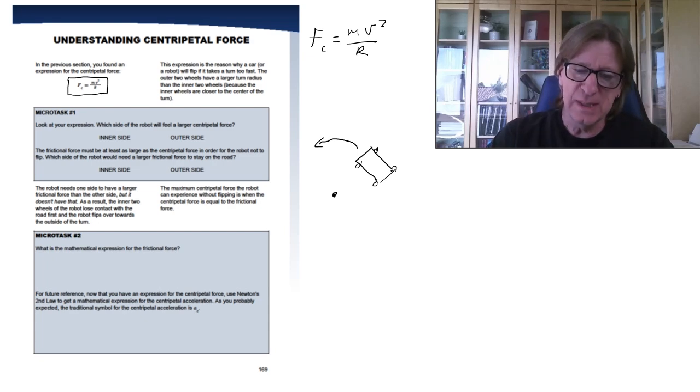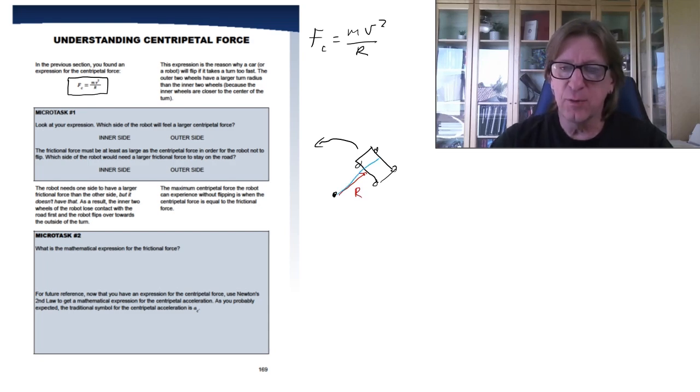Now, notice that the inner wheels have a shorter turn radius than the outer wheels do. So you see that the outer wheels have a much larger turn radius than the inner wheels. So given that, look at your expression here.